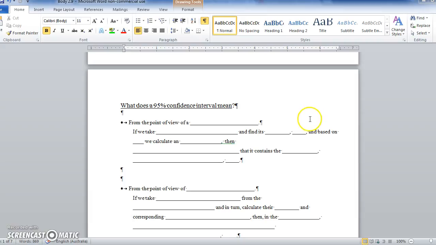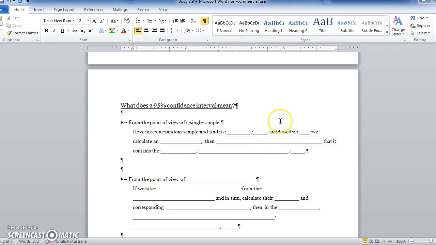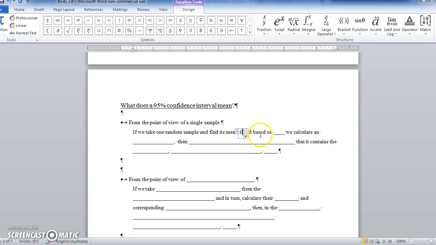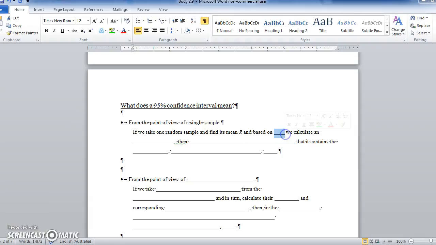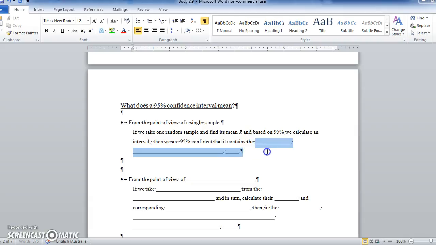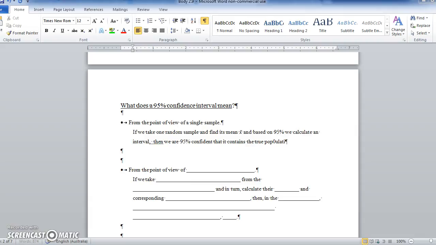So what does a 95% confidence interval mean? Well, from the point of view of a single sample, if we take one random sample and find its mean, which we represent by x bar, and based on 95%, we calculate an interval, then we are 95% confident that it contains the true population mean, which we represent by mu.